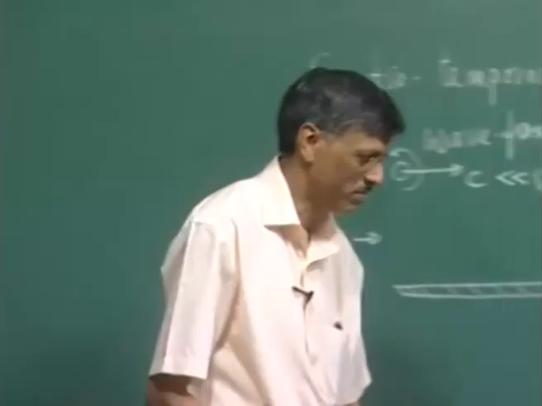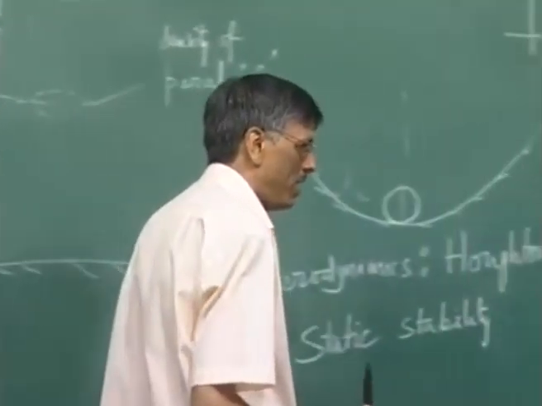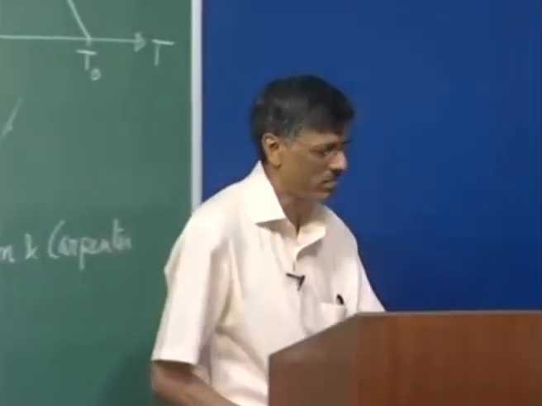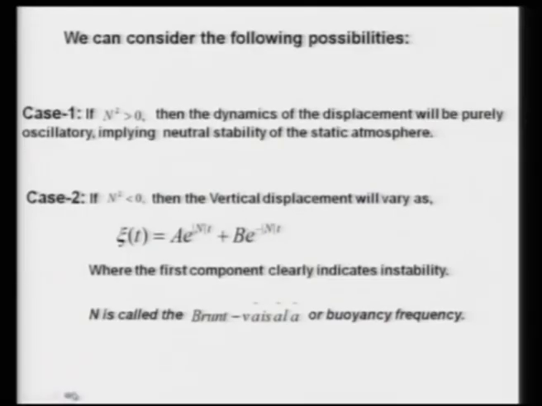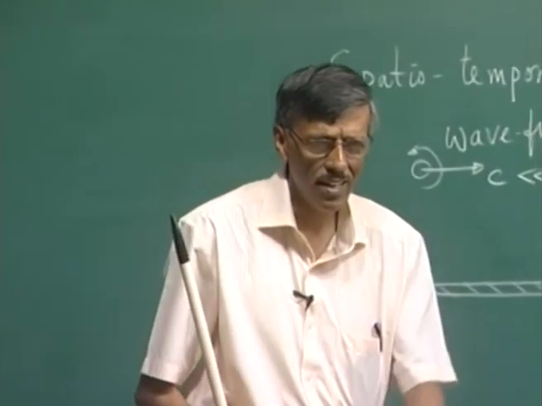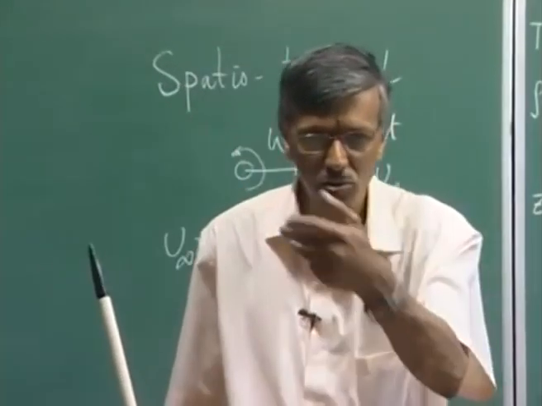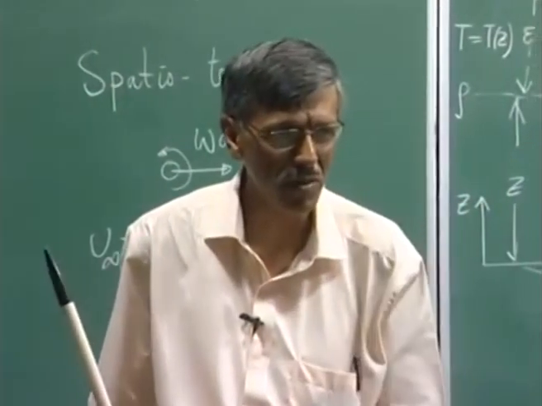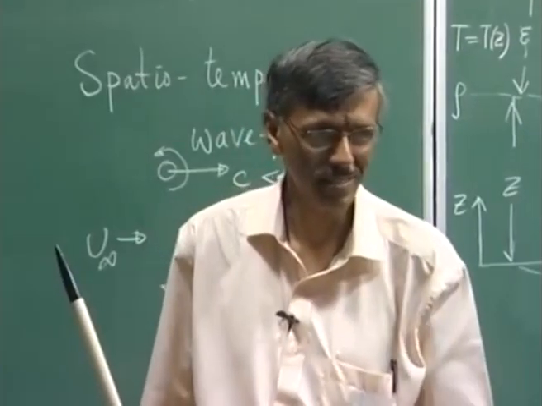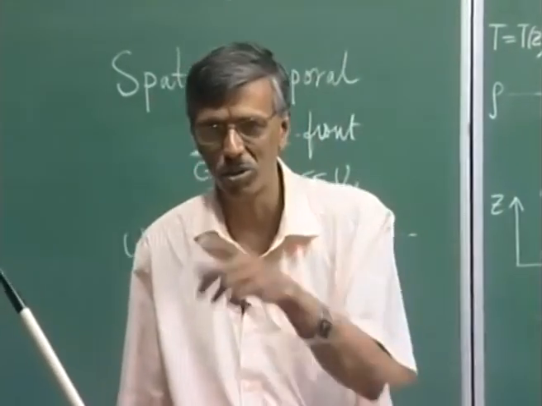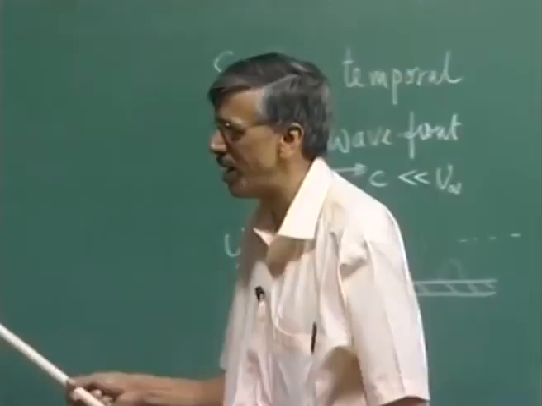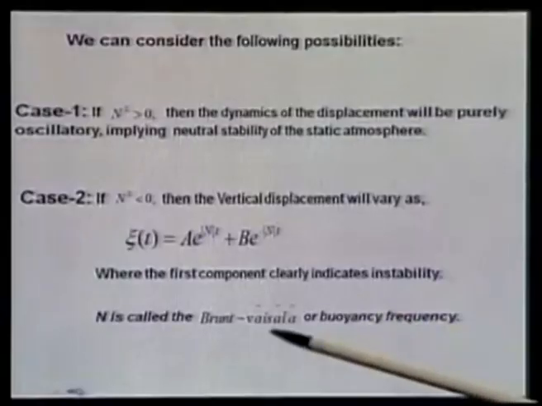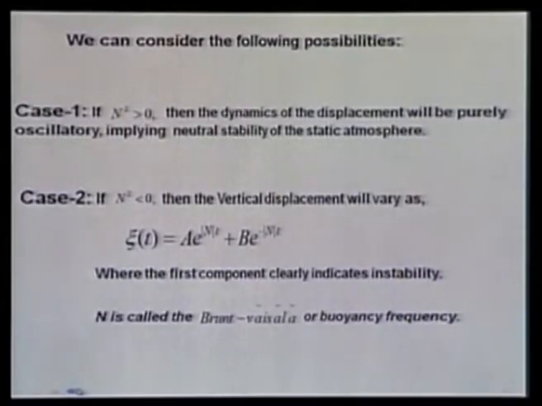This expression was derived by two Scandinavian scientists, and this N squared is called the Brunt-Väisälä, N is called the Brunt-Väisälä or buoyancy frequency, because it comes out in a simple harmonic motion as a square. So it has the dimension of a frequency. That is what you get for the simple harmonic motion of a pendulum or so. That is why N is called the Brunt-Väisälä frequency.